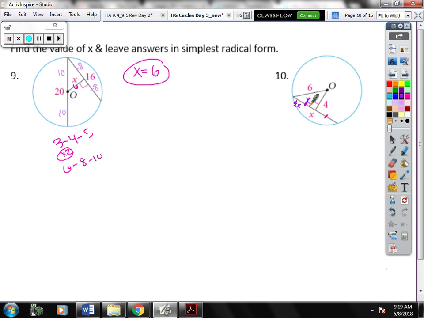So let's do this. We'll have our y squared plus 4 squared equals 6 squared. Subtract.